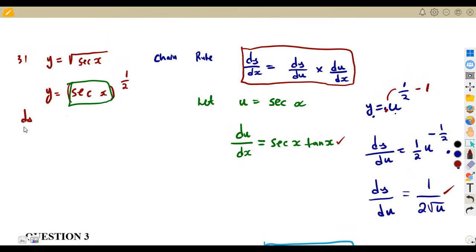The derivative of y with respect to x is going to be given as the derivative of y with respect to u, which we obtained as 1 over 2 square root of u, times the derivative of u with respect to x, which gave us sec of x tan of x.